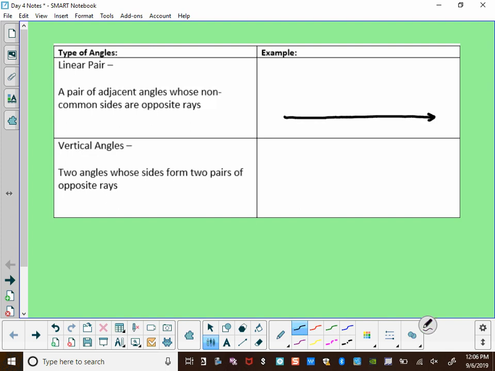A linear pair is also supplementary angles. Let's say I have angle 1 and angle 2. They're side by side. They add up to 180. It's called a linear pair. I think about there's a line, there's a pair of angles.